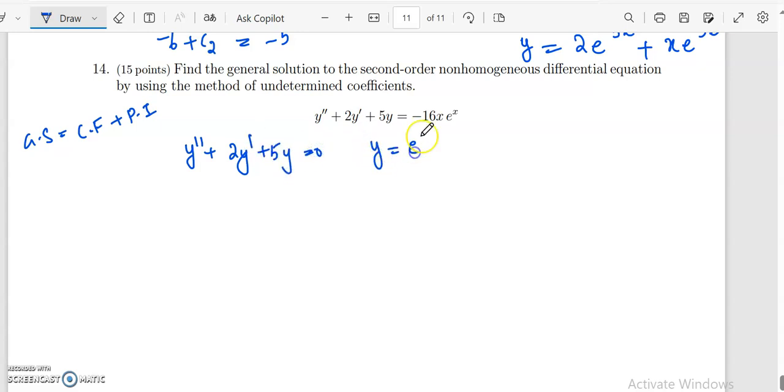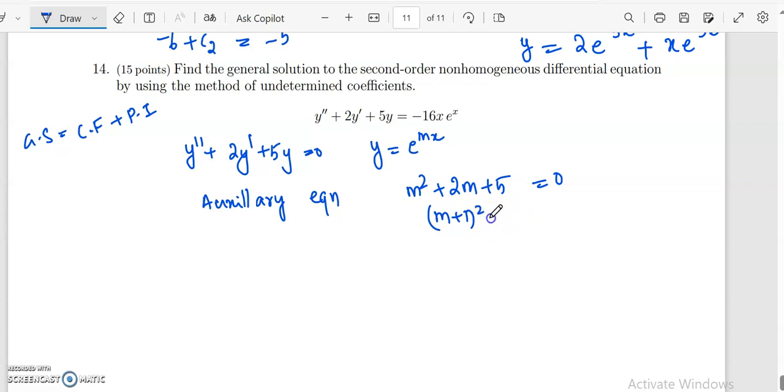So upon putting y equal to e raised to mx, we'll get the auxiliary equation as we did in the previous problem. We'll get the auxiliary equation as m square plus 2m plus 5 equal to 0. So this can be written as m plus 1 whole square plus 4 equal to 0. So m plus 1 whole square will be equal to minus 4.